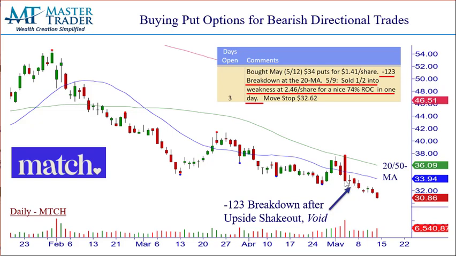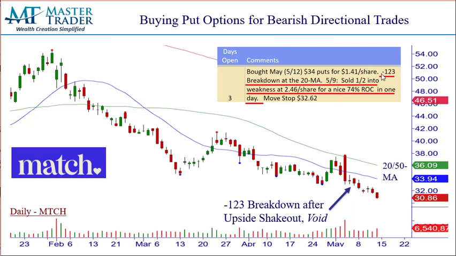Now we have a bear 1, 2, 3 continuation with a price void, meaning there's no significant support or resistance to the left. This is a closed trade in the members area, and so we bought in the money puts again, another bearish directional option trade.